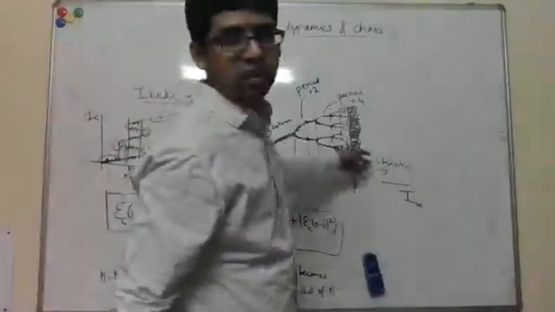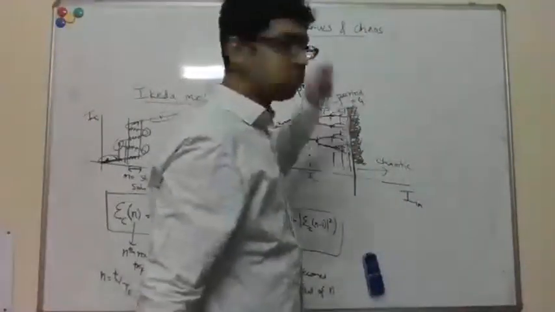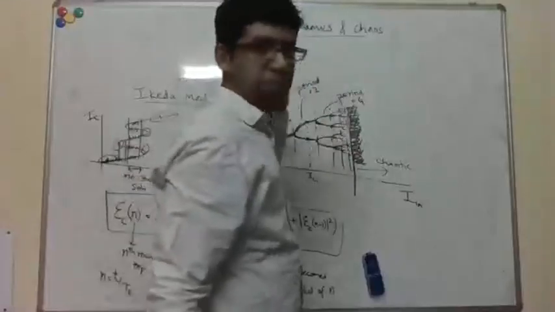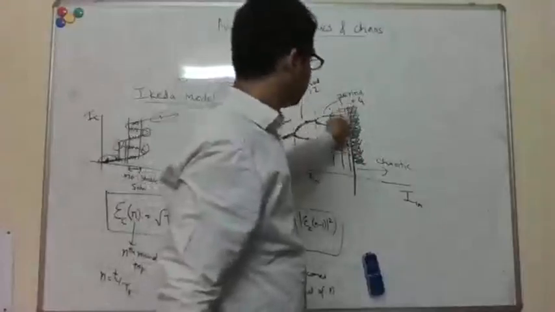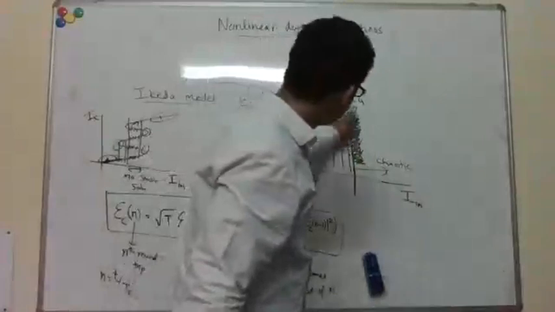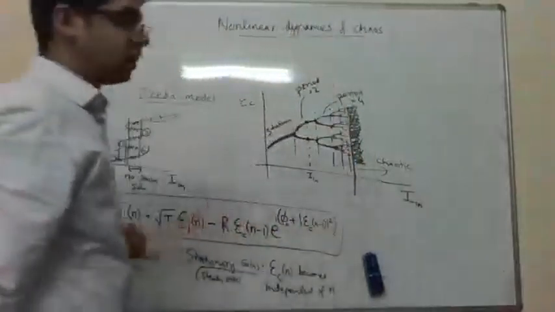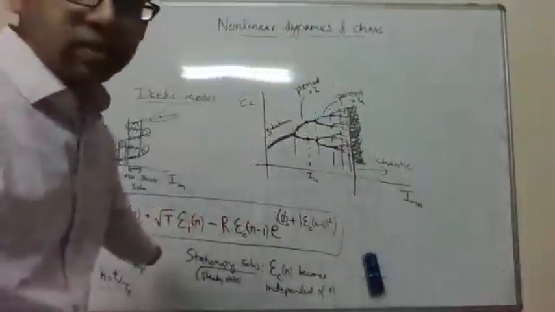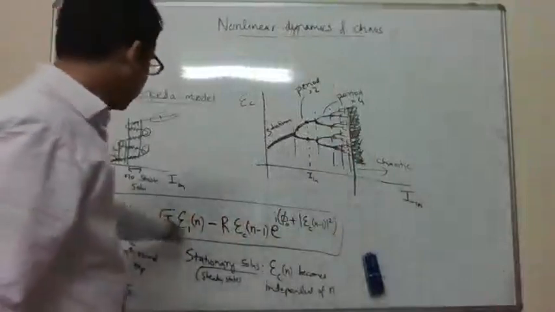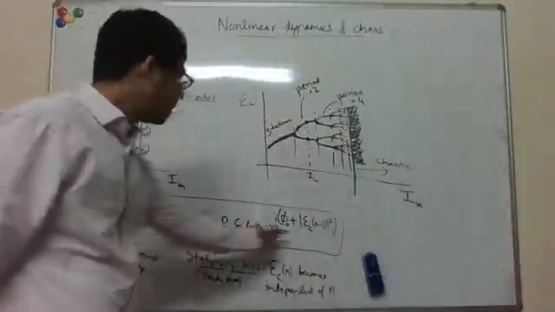So it could be anywhere here, and it's basically impossible to tell at a particular point in time, at a particular n, where you will be in this band. Of course it's a deterministic thing. For example, I could deterministically compute this.